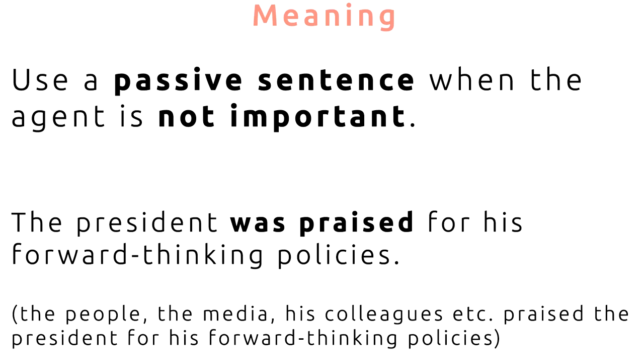So who did the praising? Who praised the president? Well, it was the people, the media, his colleagues, etc. They praised the president for his forward-thinking policies. But in this example, it's not so important. These people praised him, but they're not important to the sentence.